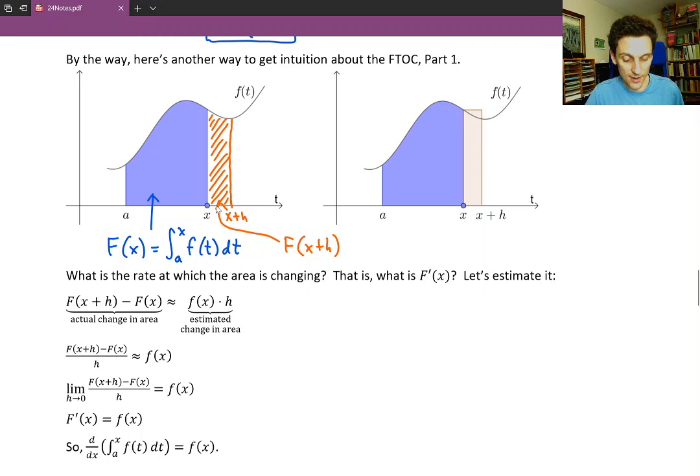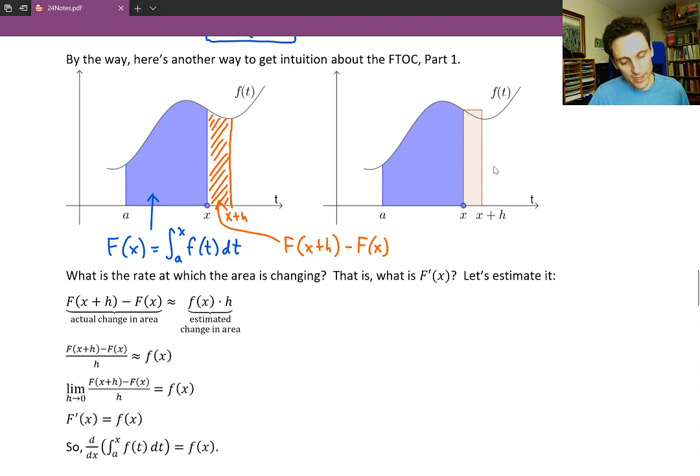And that would just get you the area in between. So this is big F of x plus h minus big F of x, where big F again represents that area out to a t value of x, whatever that is. Okay, so that would be the actual change in the area if you were to move your t equals x a little bit over to the right so that it's t equals x plus h.